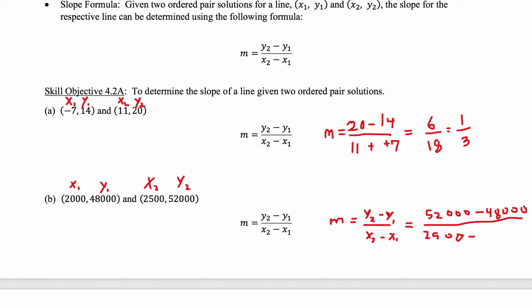And for the x1, we're going to put in 2,000. And then we're going to simplify. So 52,000 minus 48,000 is going to be 4,000. And on the bottom, 2,500 minus 2,000 is going to be 500. And so it looks like our slope here will be 8.